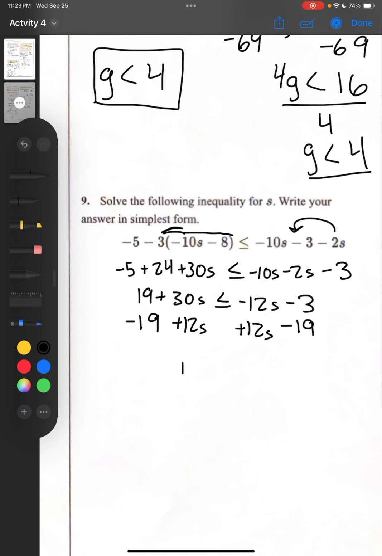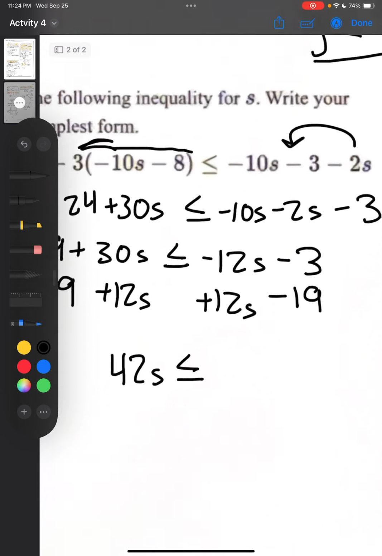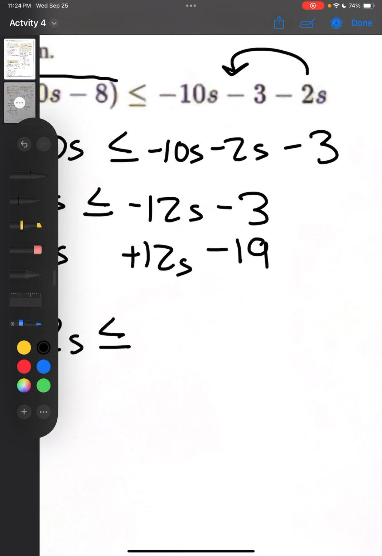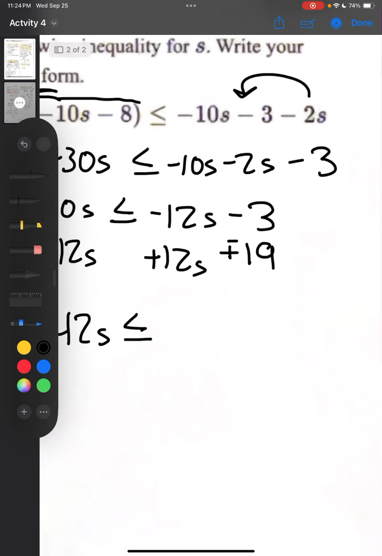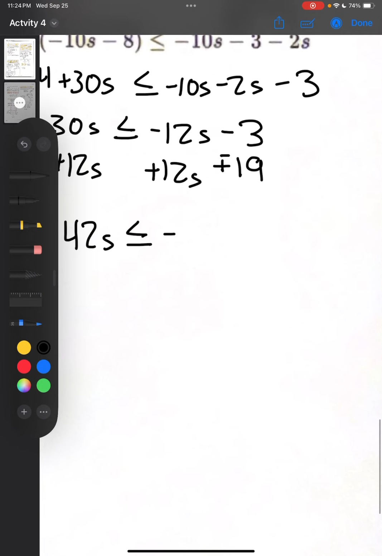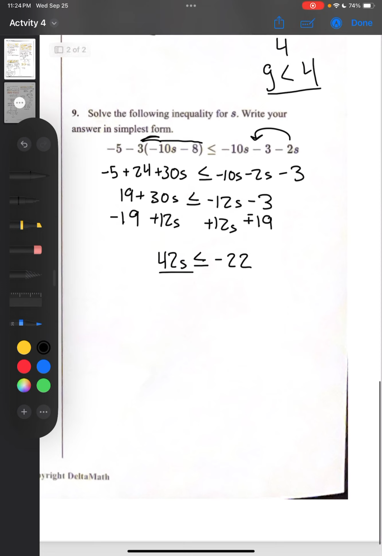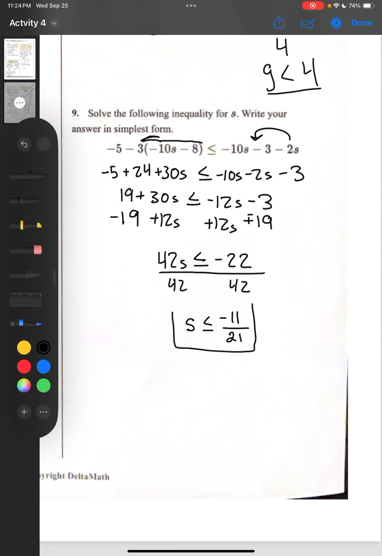That gets you 42s on this side, less than or equal to. Now, this one is -3 plus -19. So that gives you -22. And just like a normal equation, you just divide by 42 on both sides. S is less than or equal to -11 over 21. And that is your answer for number 9.